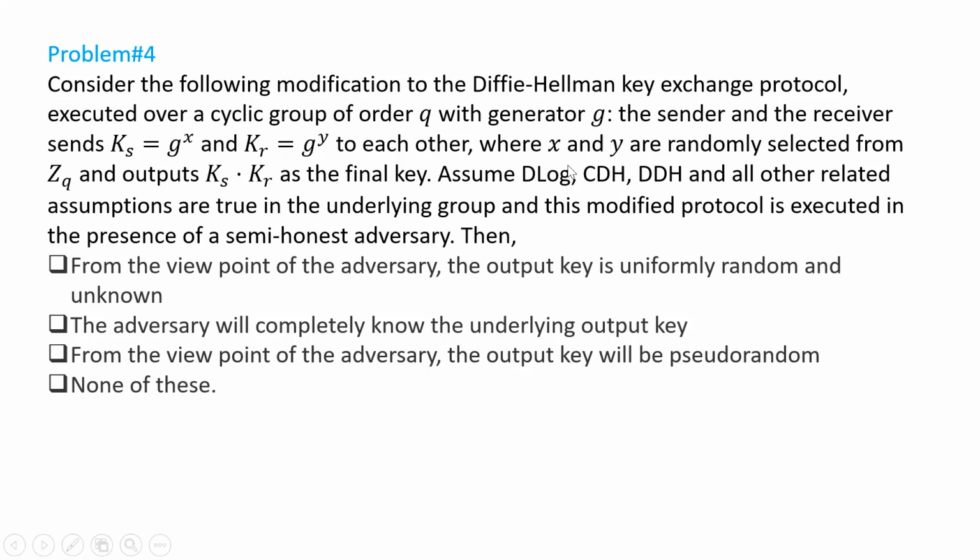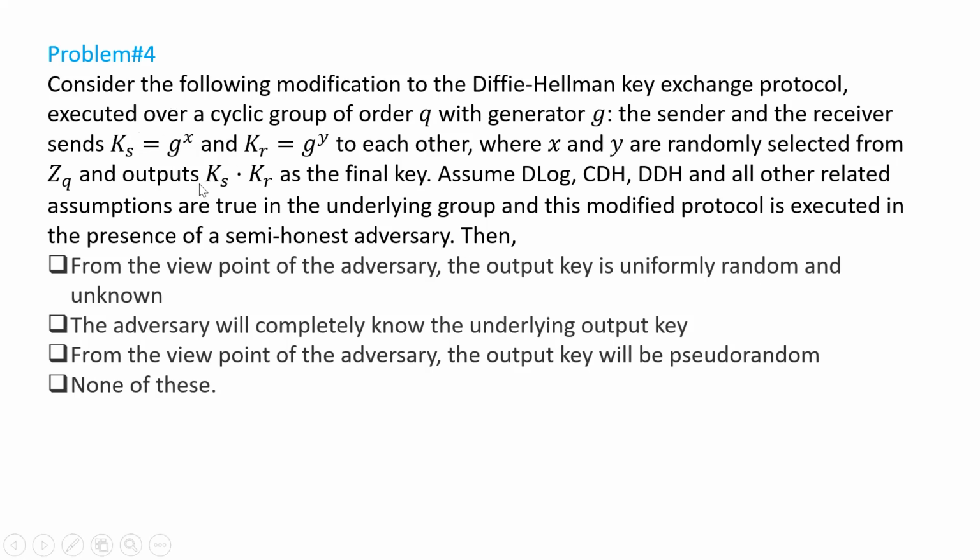So even if the CDH assumption holds true, and even if the DDH assumption holds true, the adversary can still compute the key. The option saying that from the viewpoint of the adversary, the output key is uniformly random and unknown is, of course, wrong. The adversary will completely know the underlying output key. This is true. Why?